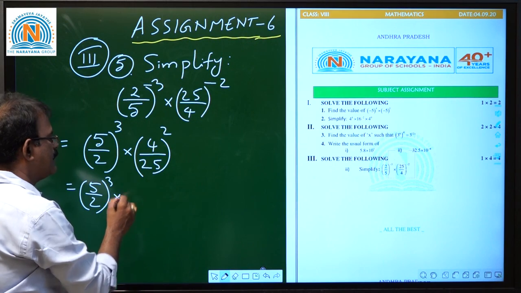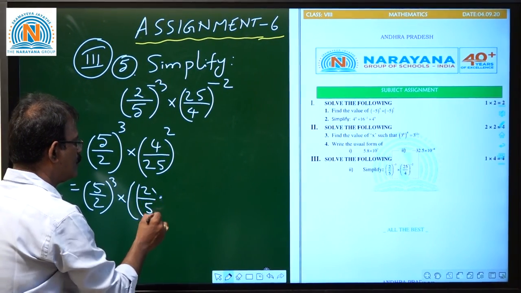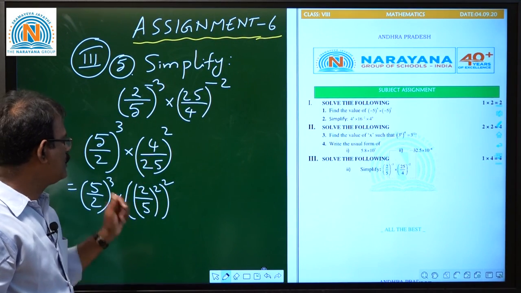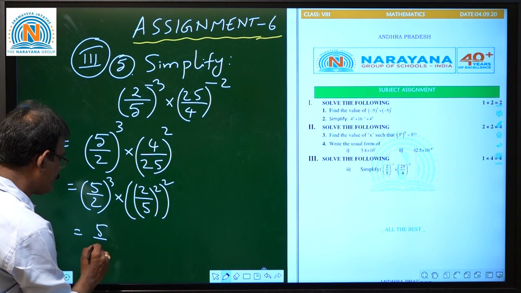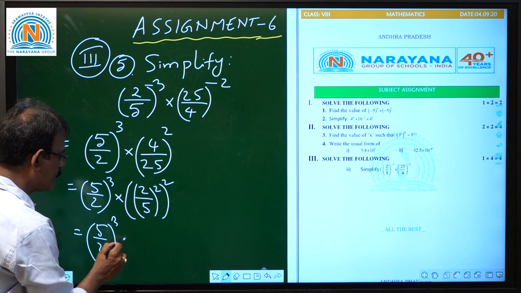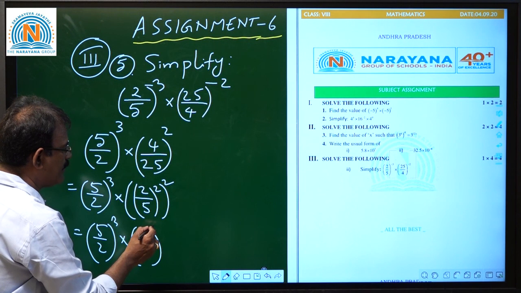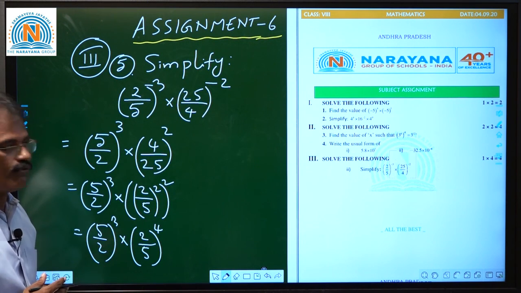Then this is 2 by 5 whole square, because 2 raised 2 times is 4, 5 raised 2 times is 25. So this is a power m whole power n, a power m into n, 2 into 2, 2 twos are 4.